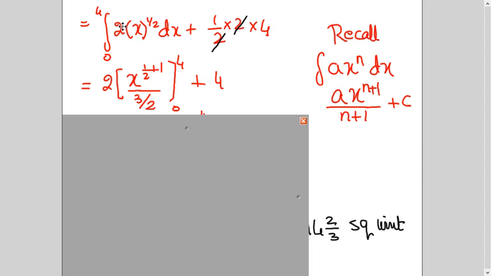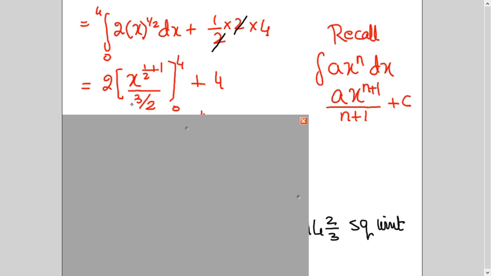So I'm taking 2 outside the integral sign because it will not get affected. It will simply multiply later on. So x half plus 1, just like this formula, right? So half plus 1 divided by half plus 1, which is 3 over 2. And the limits are 0 to 4.